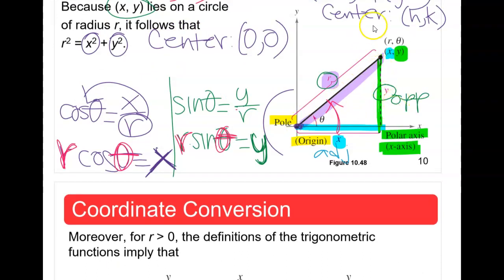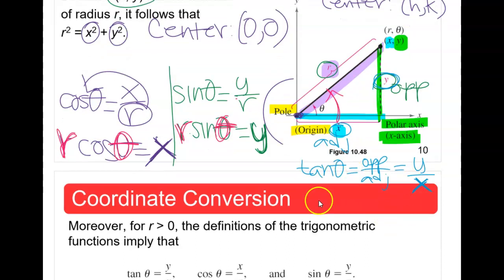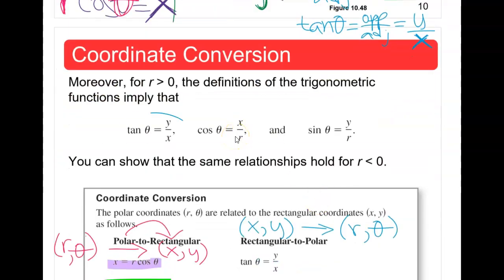If we look at this triangle and I ask you what is the tangent of theta, and you know tangent is the opposite over adjacent. And so the opposite in this case is y, and the adjacent is x. So y over x. And that is tangent of theta, y over x.